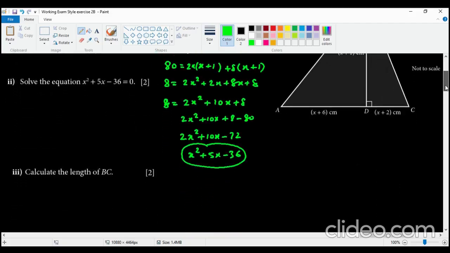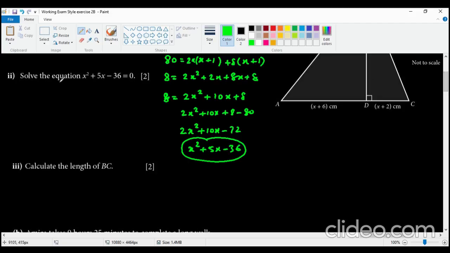Now we need to find the solution, solving this equation they are talking about in part 2. So x square plus 5x minus 36. I know very well that 9 times 4 is 36. So I will write x square plus 9x minus 4x minus 36 equals 0.